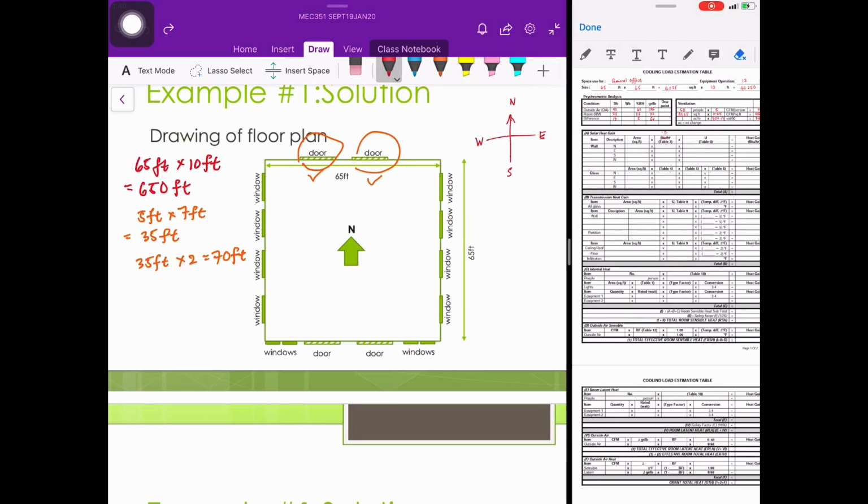Now we are going to calculate the area for the wall only. So this will be the total area, and this will be the glass only area. Therefore, we are going to subtract 650 feet minus 70 feet, and we are going to get 580 feet.